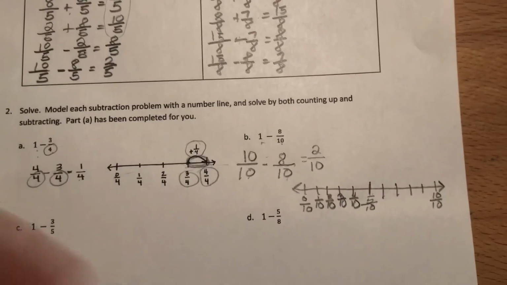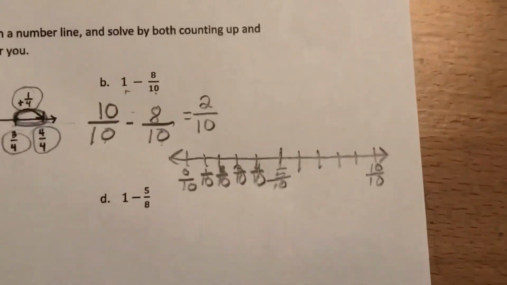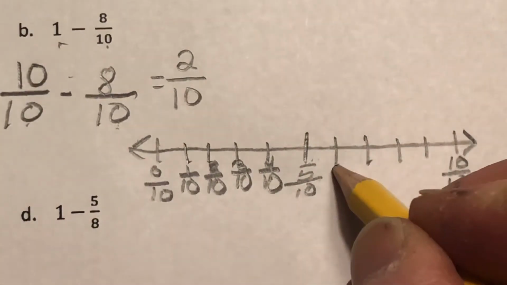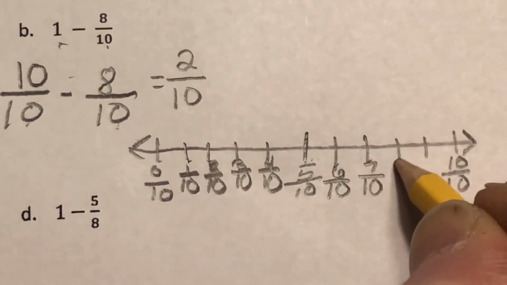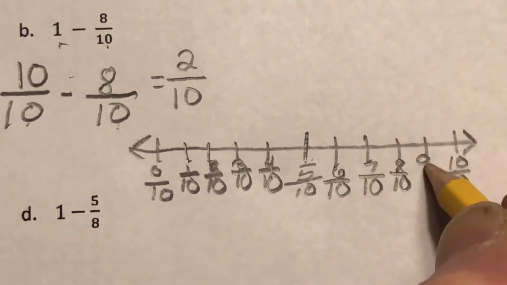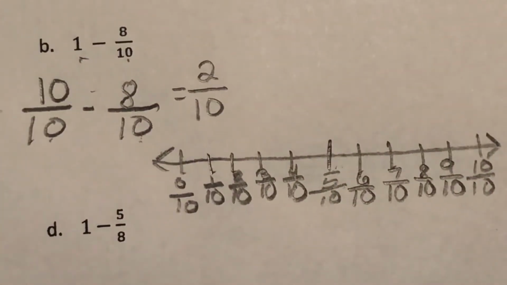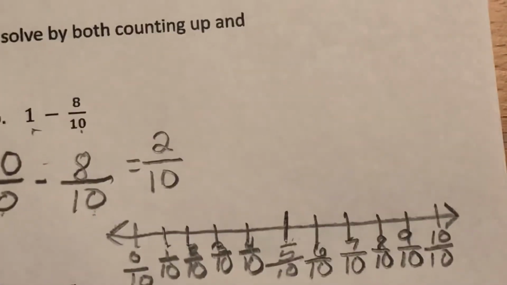Let's see if I can zoom in on that guy for you. See if you can see what's going on. Yep, still kind of hard to see. 6/10, 7/10, 8/10, and 9/10. Okay, so now we need to find out the difference between 10/10 and 8/10.